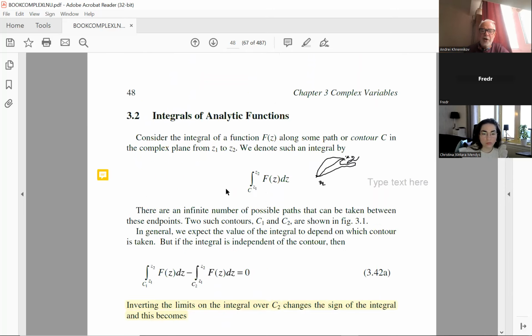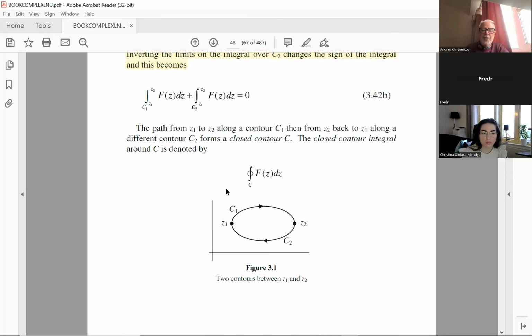For example, if it is not analytic at some point inside, it does not work. Suppose the center of this circle is some point z0, and our function is 1 divided by z minus z0. It has a singularity at point z0, where it is infinity.